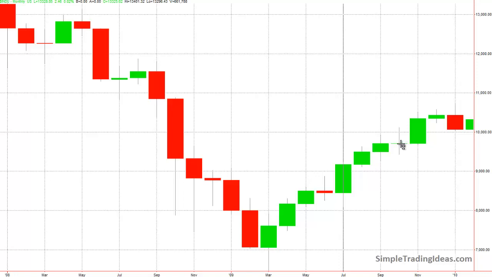You'll see that the opening price is basically the same as the closing price. When the open and closing price are the same, you see a candle that resembles a cross. The designation for that candle is doji. So we've got spinning tops, we've got doji.